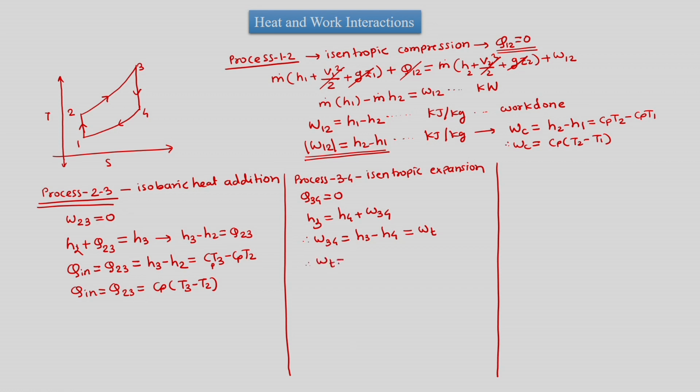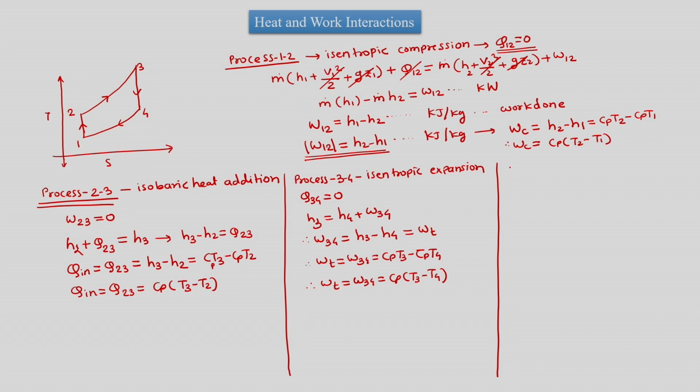So WT is W34, and it is equal to Cp T3 minus Cp T4. So W34 is equal to Cp into T3 minus T4. So this is turbine work, which can be obtained from the temperature difference across the turbine multiplied with specific heat.